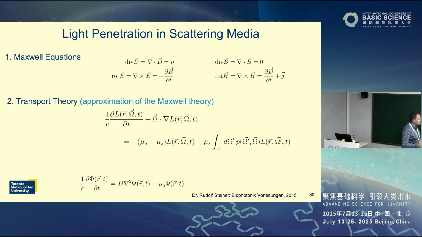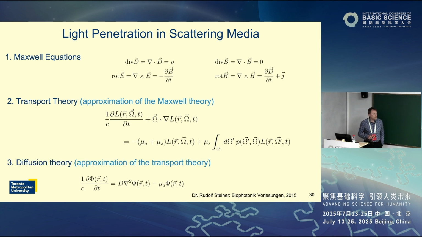There is a transport theory, which is an approximation of the Maxwell equations. And it actually considers light penetration and light distribution as a diffusion, like any diffusion process. And that includes a few components. I will probably mention that later on.